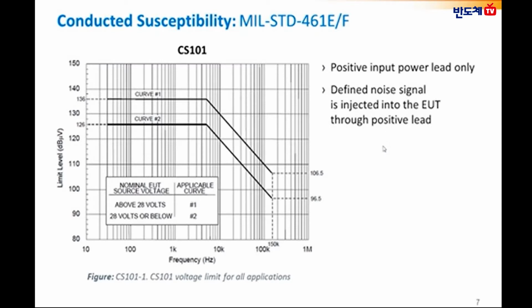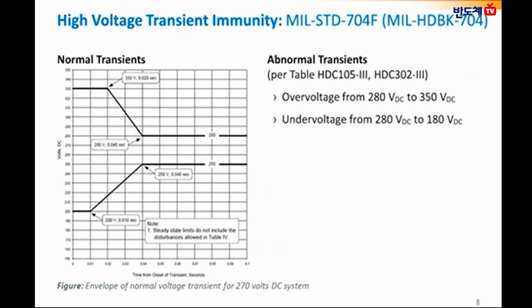Similarly, the conducted susceptibility CS 101 is also from MIL standard 461 E and F, and the susceptibility test results are plotted over a frequency range of 30 Hz to 1 kilohertz with the frequency versus limit level dB microvolts scale.